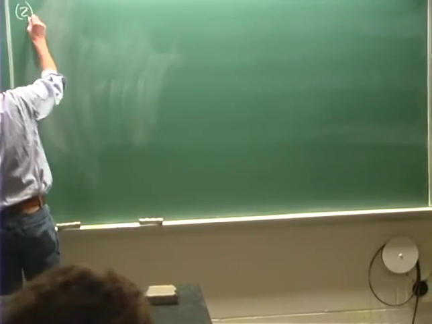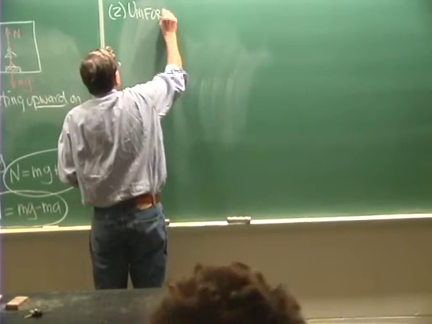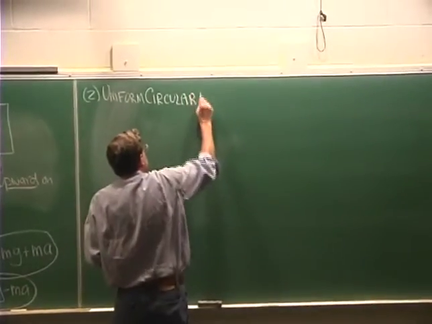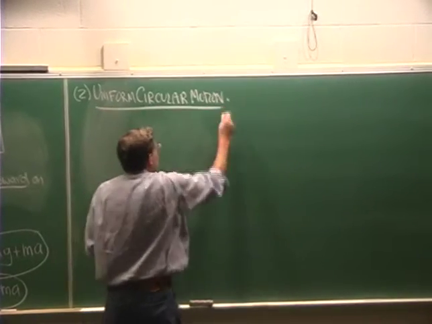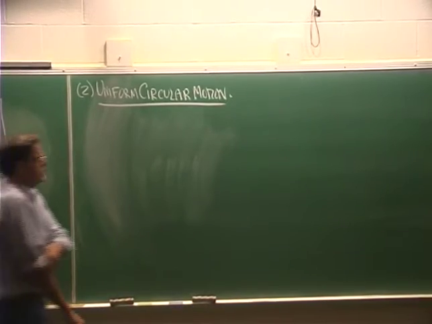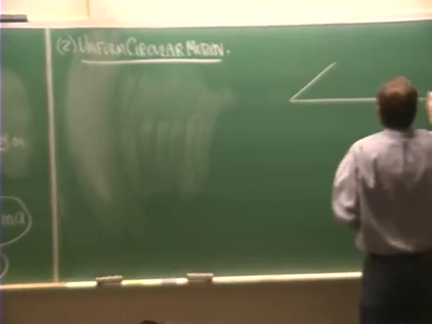Okay, second example. Uniform circular motion. Here's a sweet model. It's actually on one of the OWLs for Wednesday. Suppose that I have a table here, and it's a nice frictionless table.